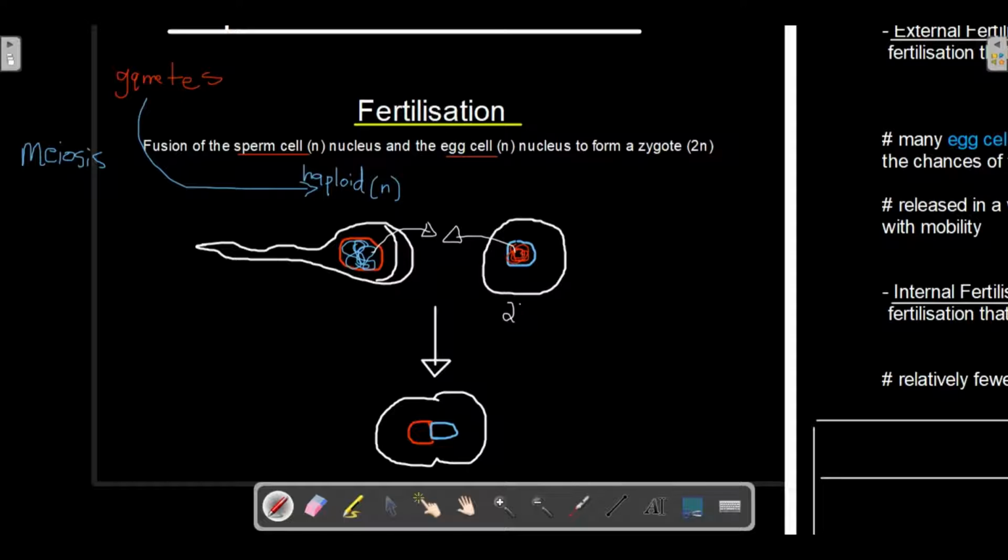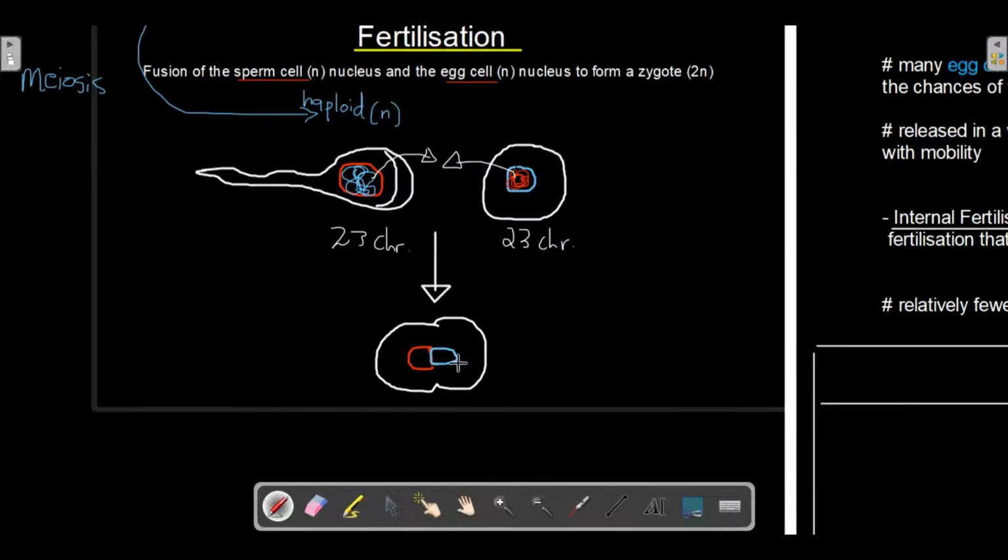In humans, this egg cell has 23 chromosomes, and the sperm cell also has 23 chromosomes. That's half the number of the somatic or body cells. So when they fuse together, they end up producing a structure that we call a zygote.